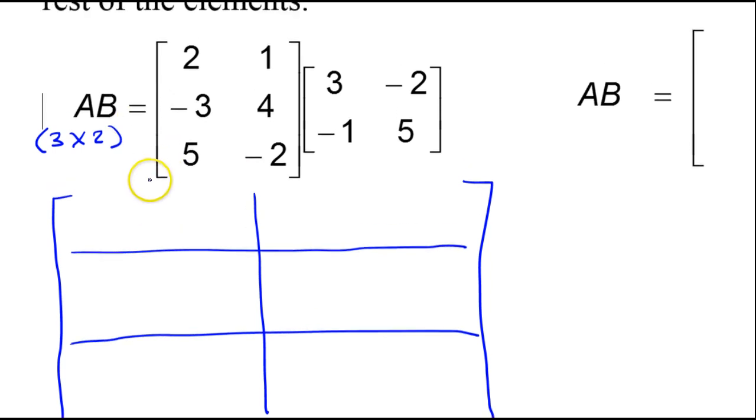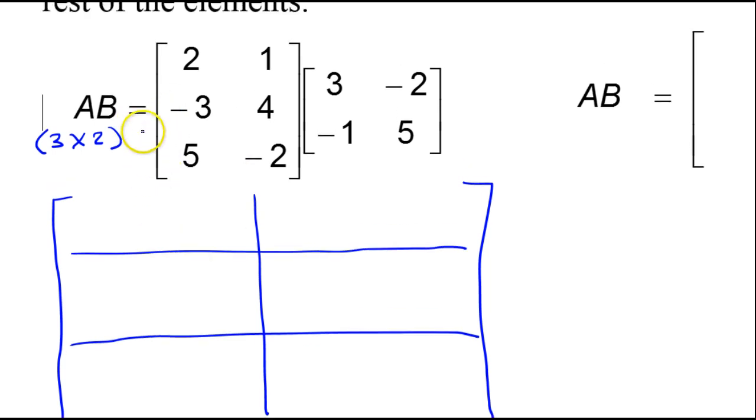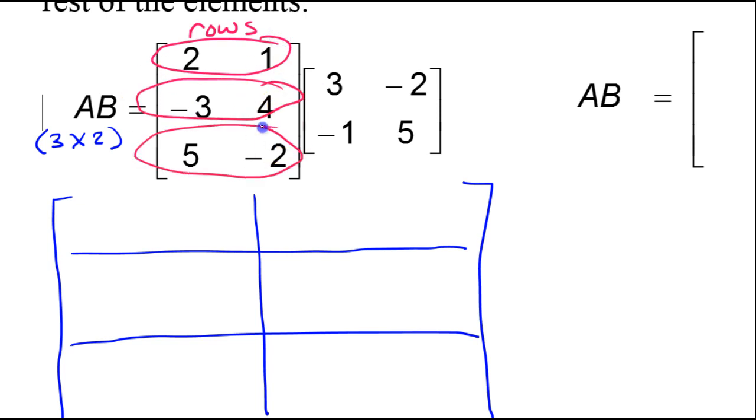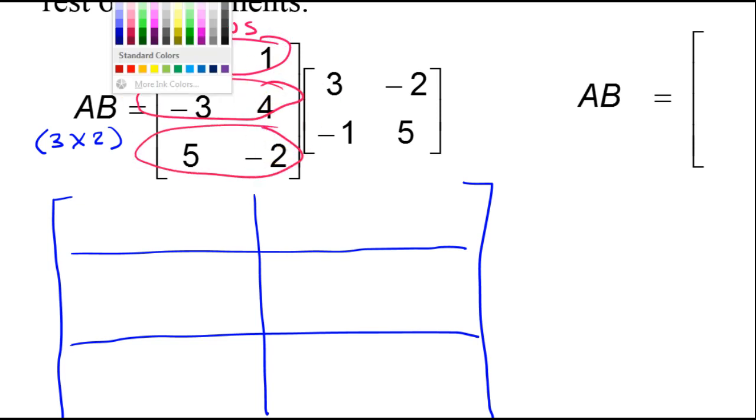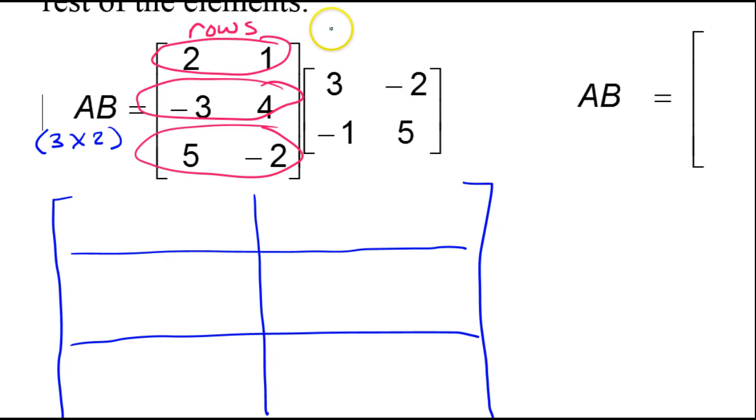Now, here's the key to matrix multiplication. We are going to be multiplying rows by columns. So please understand that the rows are all going to come from the first matrix. When you look at the first matrix, we're going to be dealing with rows like this. And we will be multiplying by the columns of the second matrix.